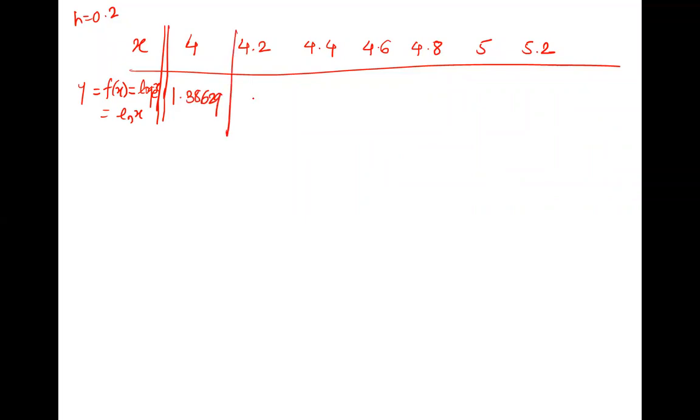Chalo, solve for 4.2. 1.43508. Good. Next, 4.4. 1.48160. Next, 1.56861. I think you are telling me 4.8. 4.6.